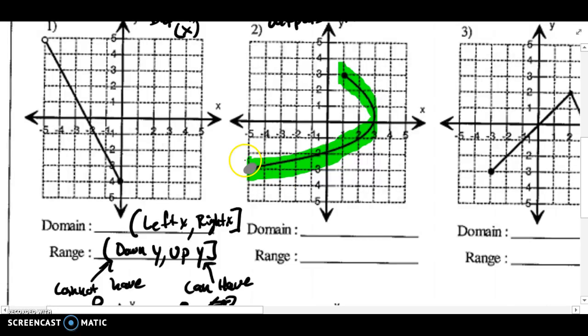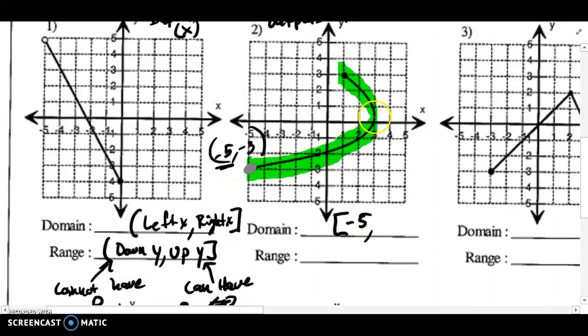So this point right here that I found is (-5, -3). And this -5 is the leftmost x value. And it's on a closed circle, so it's going to be a bracket.